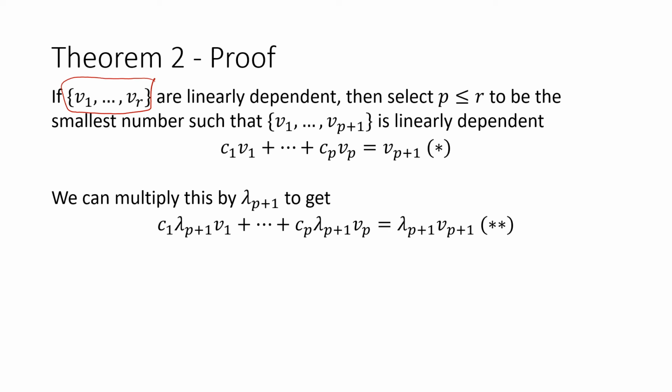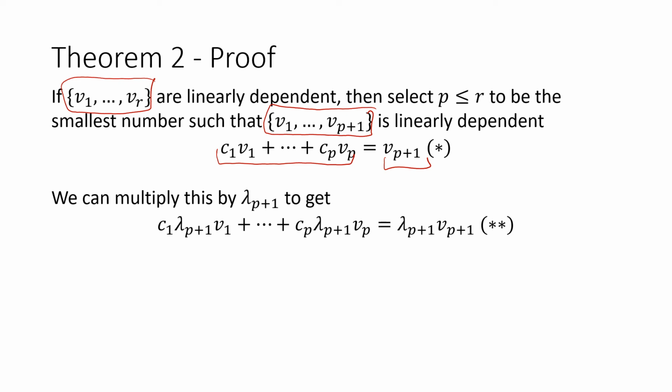So take that set. We're saying the set v1 to v(p+1) is linearly dependent, but everything smaller than it is linearly independent. So v1 through vp is linearly independent. You throw on the (p+1)th vector, and it becomes linearly dependent. What does that mean? That means you can combine those first p vectors to get the (p+1)th vector.